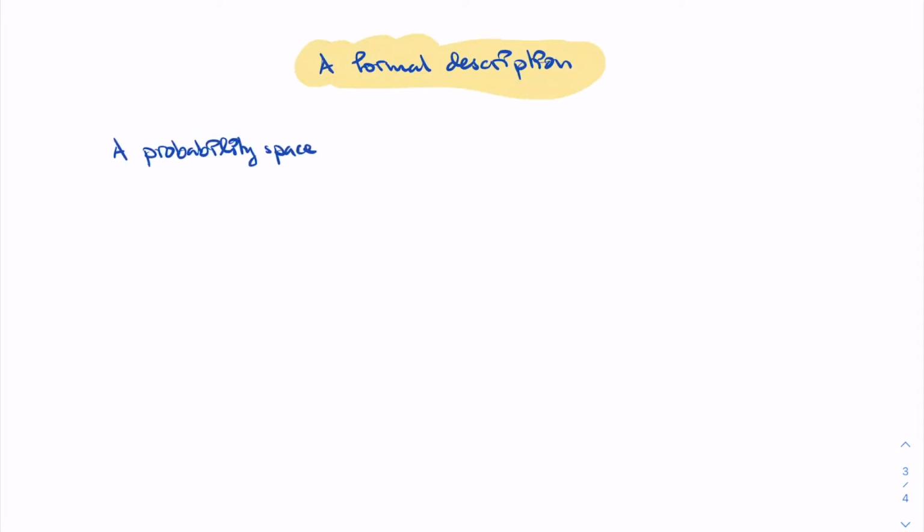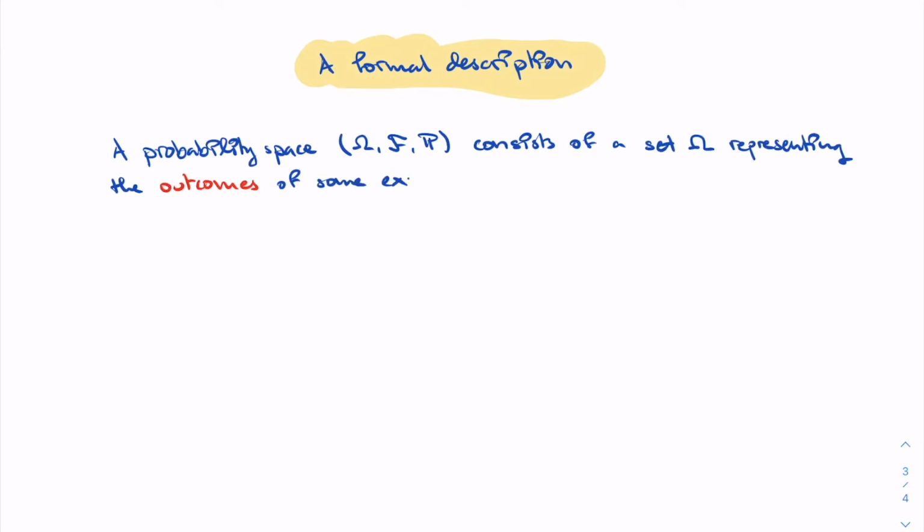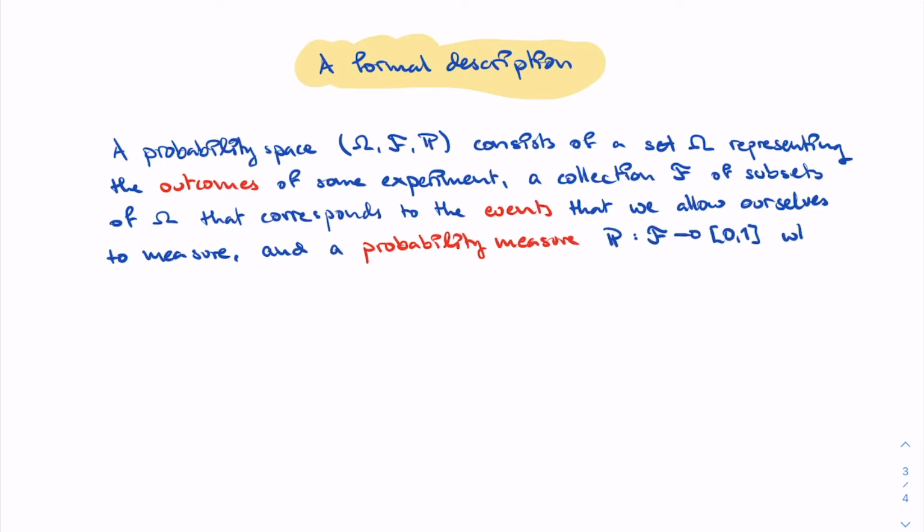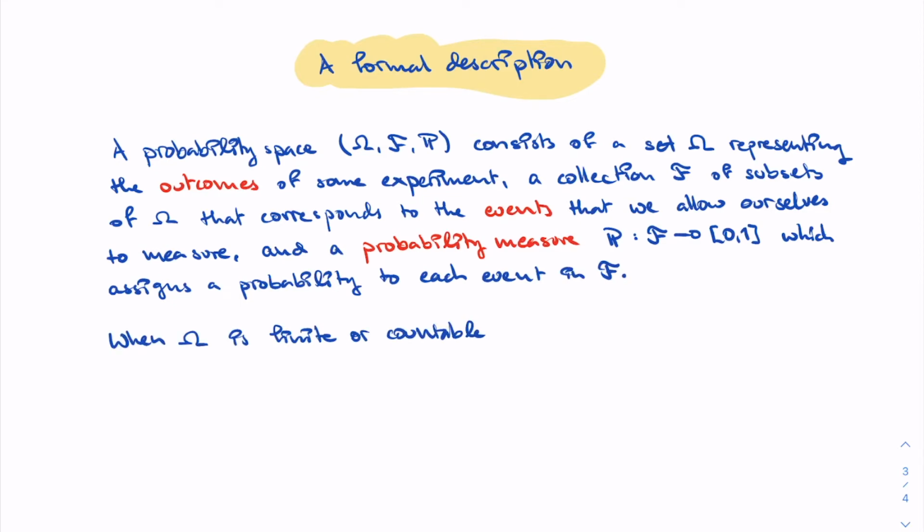A probability space consists of a set Omega representing the outcomes of some experiment, a collection F of subsets of Omega that correspond to the events that we allow ourselves to measure, and finally a probability measure P which assigns a probability to each event in F. When Omega is finite or countable, we may assume that all subsets of Omega can be measured.